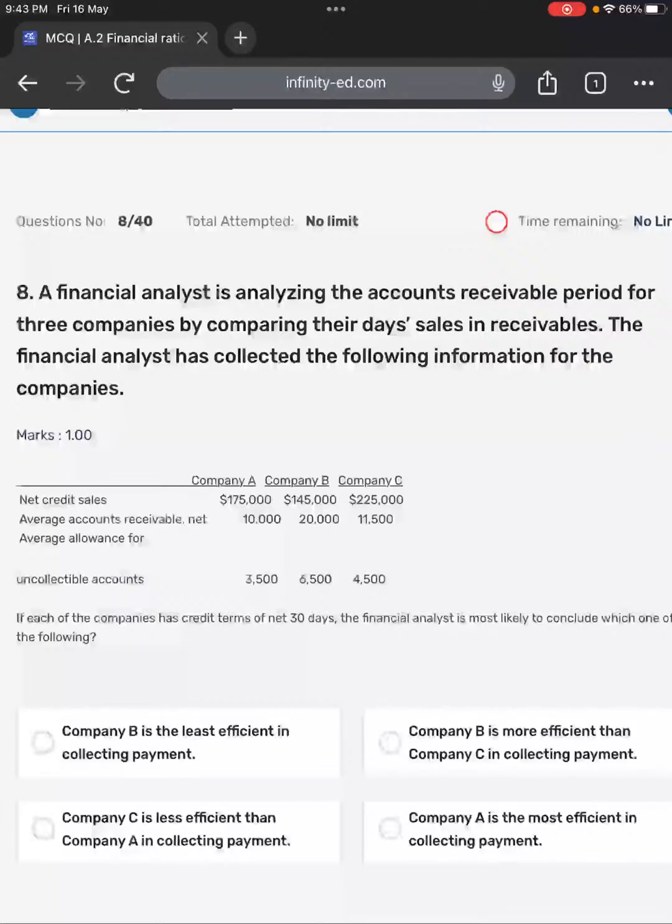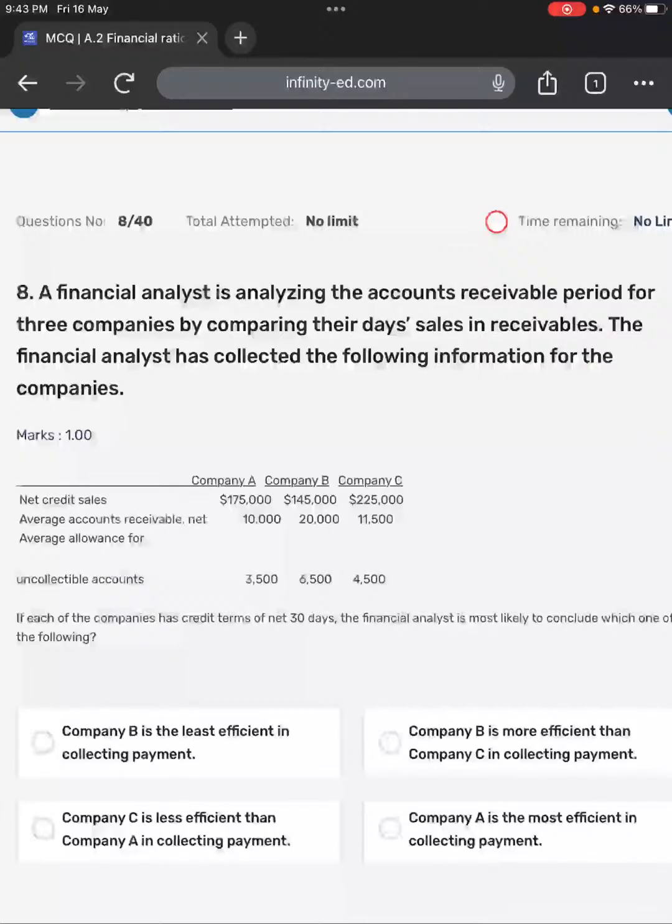Company A: 175,000 divided by 10,000 comes to 17.5. Company B: 145,000 divided by 20,000 comes to 7.25. Company C: 225,000 divided by 11,500 comes to 19.56.